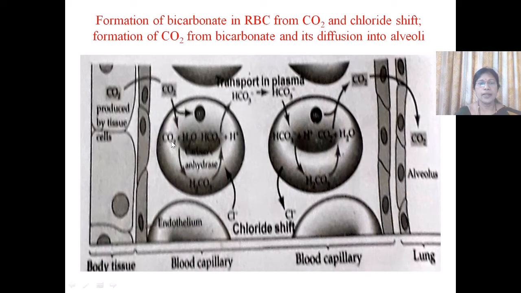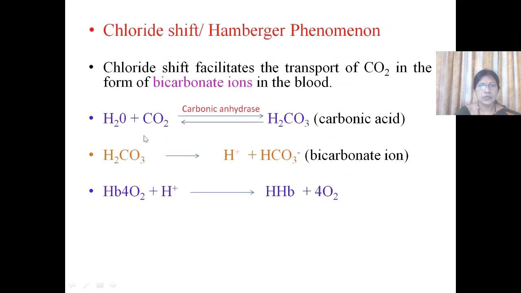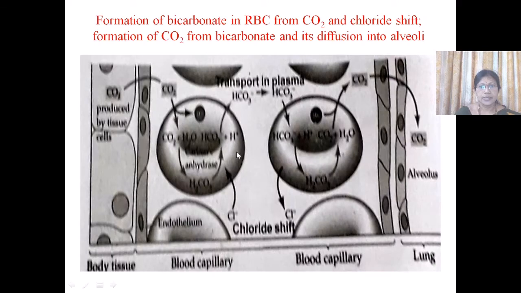The carbon dioxide present in the RBC reacts with the water present in the RBC in the presence of carbonic anhydrase enzyme and forms carbonic acid. This carbonic acid soon dissociates to form bicarbonate ions and H plus ions.